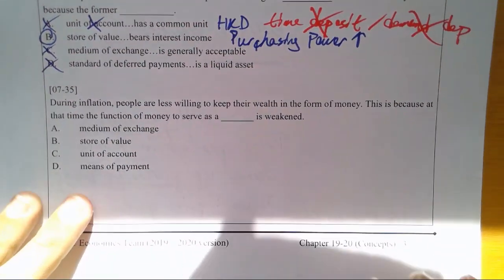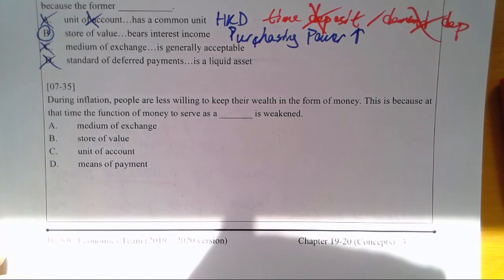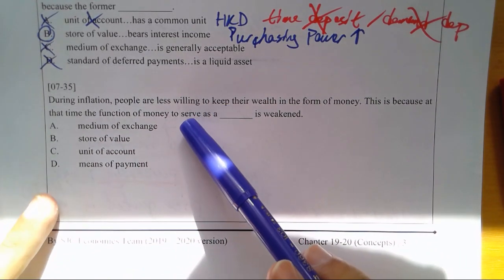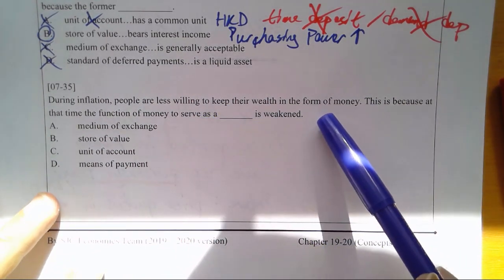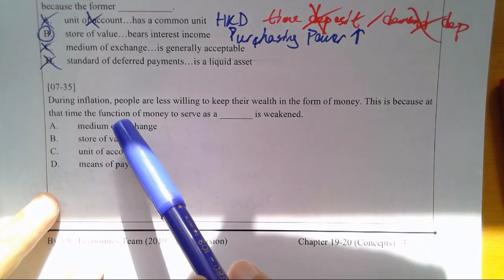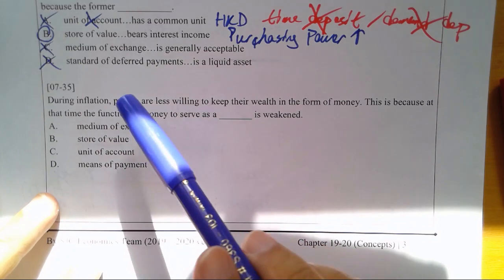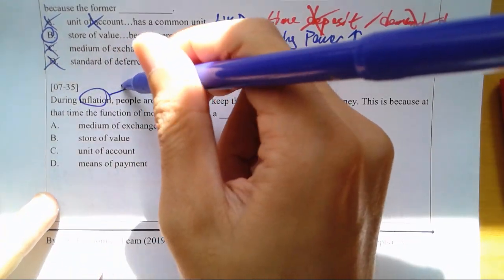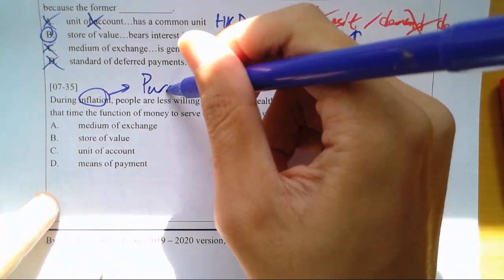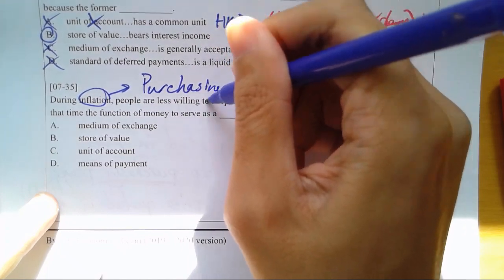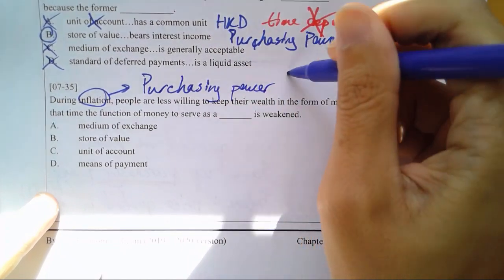Alright, now next one. In inflation, okay, people are less willing to keep the wealth in the form of money. This is because at the time, a function of money served as something is weaker. Now remember, inflation means purchasing power would go down.